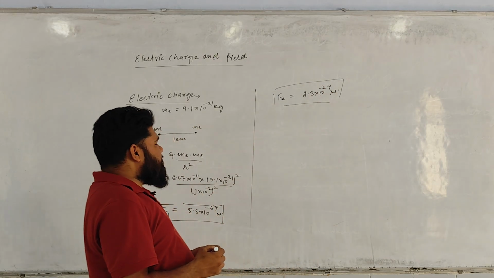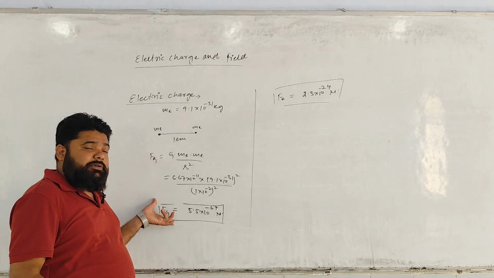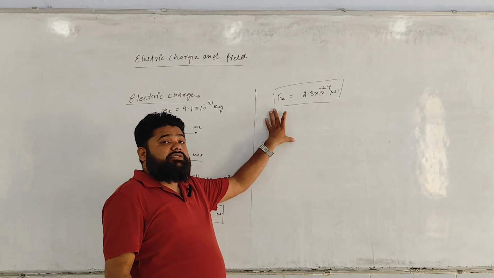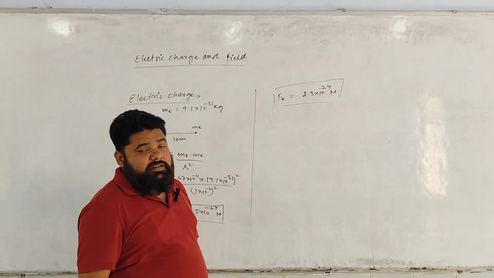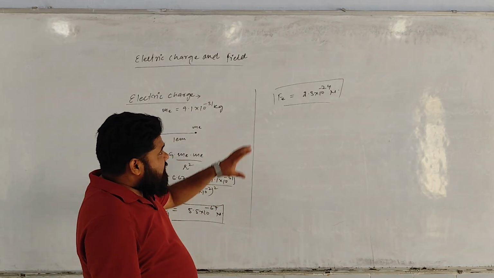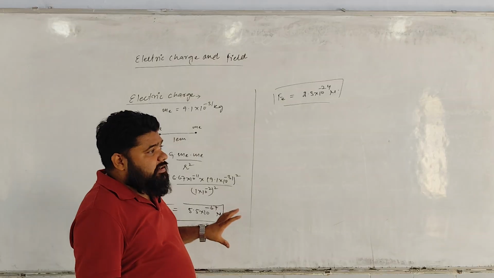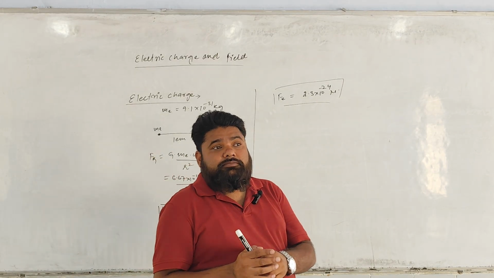When we compare these two forces, we find that the electrostatic force is very large compared to the gravitational force. That means the two electrons repel each other.